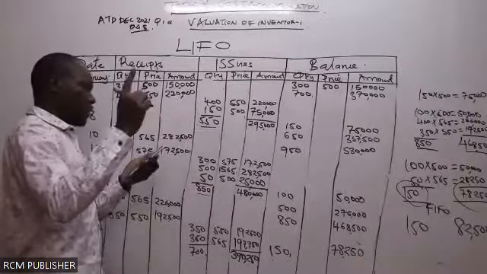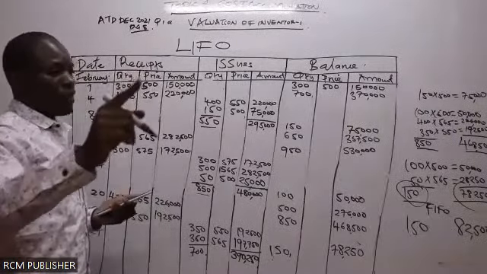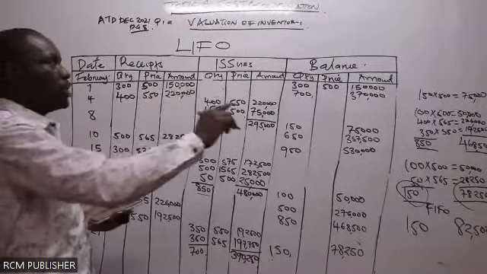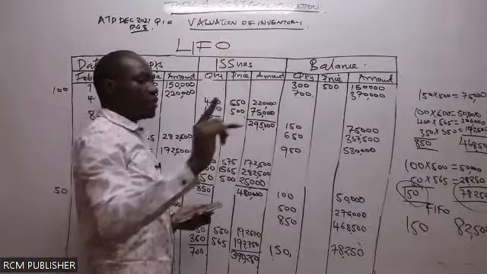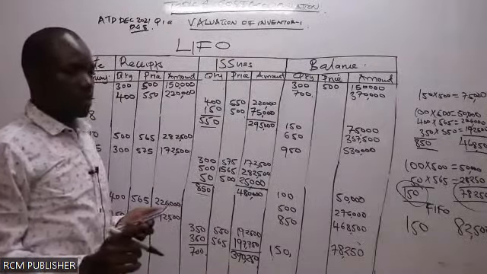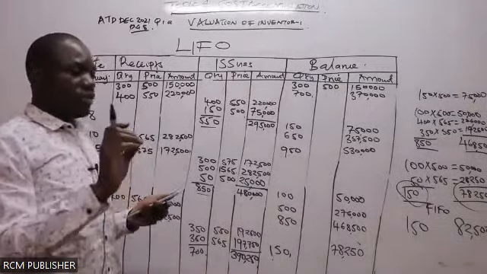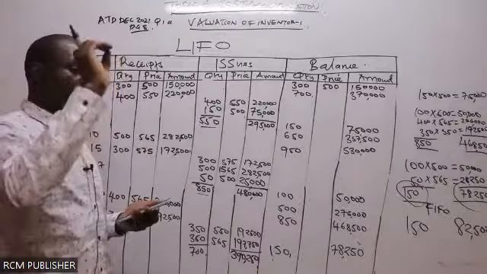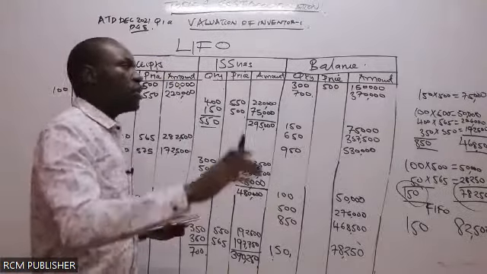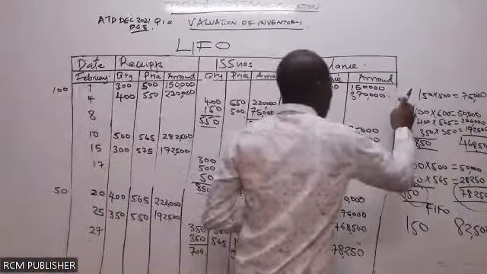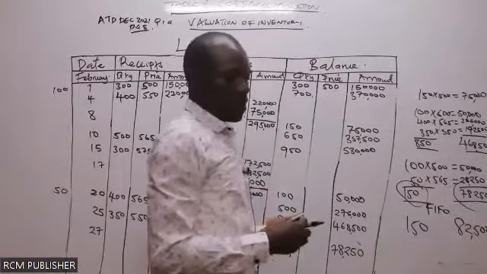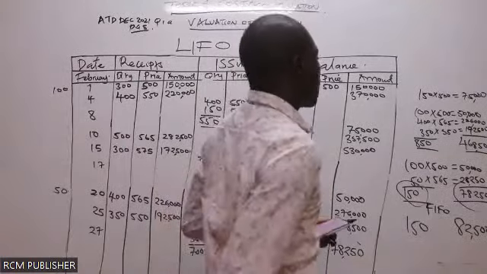We are issuing 700 units at 825. If you look at that with what we did using FIFO, that has not changed. Is it clear? The revenue remains the same. Whatever will be different is gross profit due to the effect of the cost of goods sold. So let's look at it.